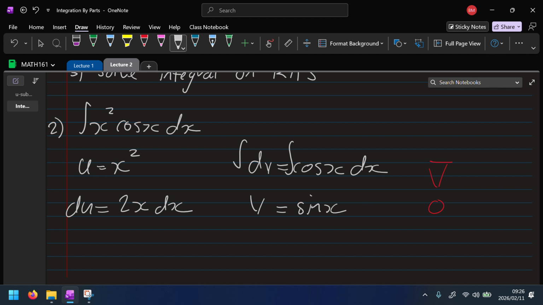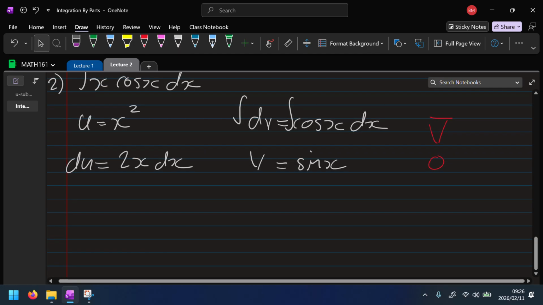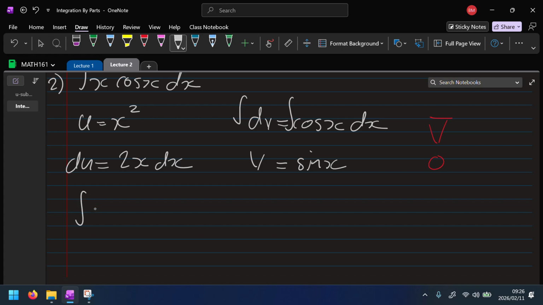Okay. Everyone clear so far? All look good. Okay. Next, we use the formula. Again, you say it a couple times, you'll remember it. So integral u dv equals uv minus integral, what's it going to be? v du. Very good.